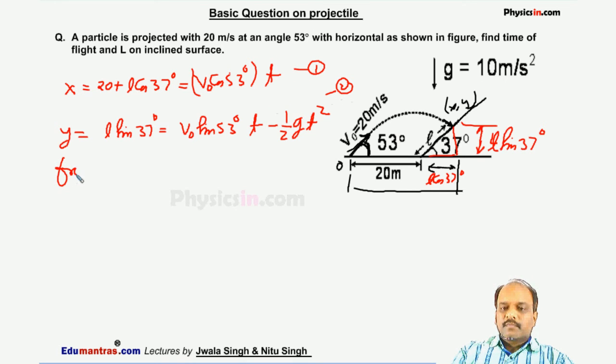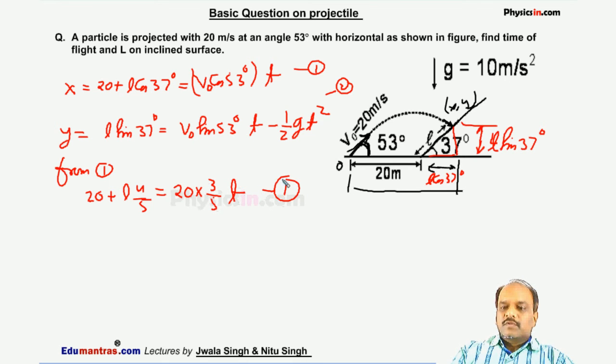From first, we can say 20 plus L cos 37, means 4 by 5, is equal to the speed v naught 20, cos 53 means 3 by 5, into t.